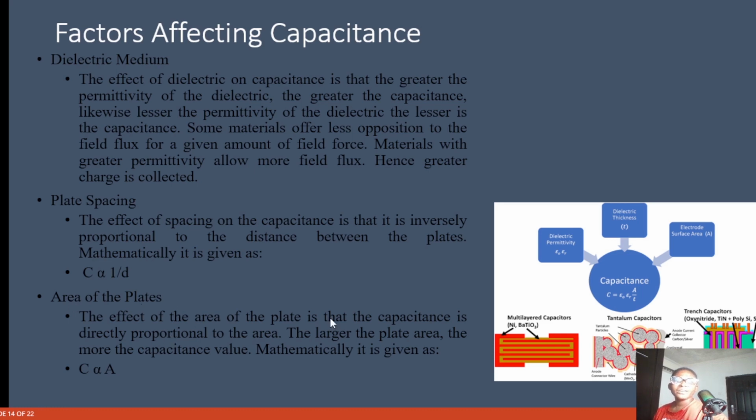The capacitance is directly proportional to the area. The larger the plate area, the more capacitance value, and this is it. Directly proportional and inversely proportional. I know that we know how to do this, so let's go to the next slide.